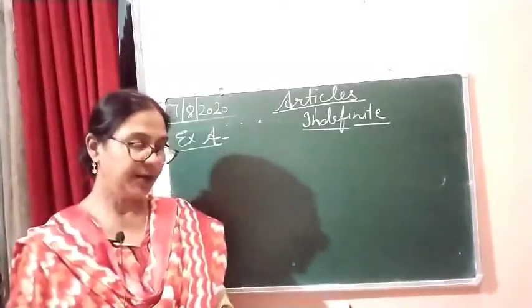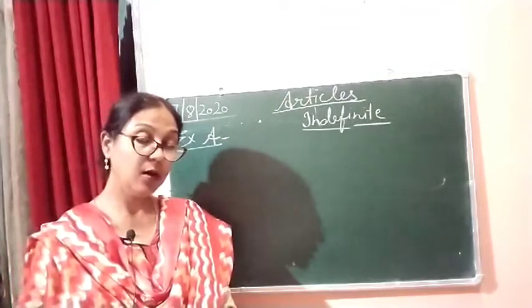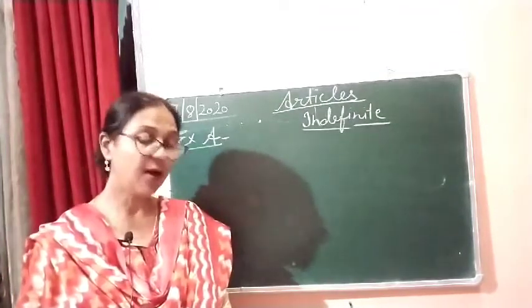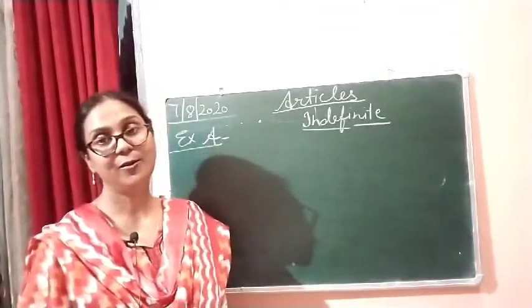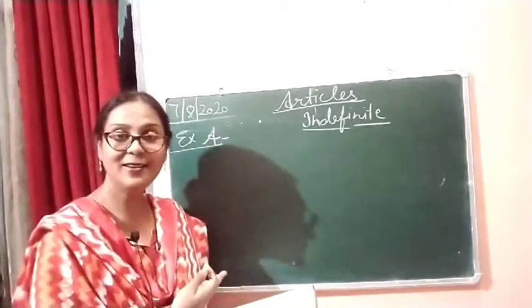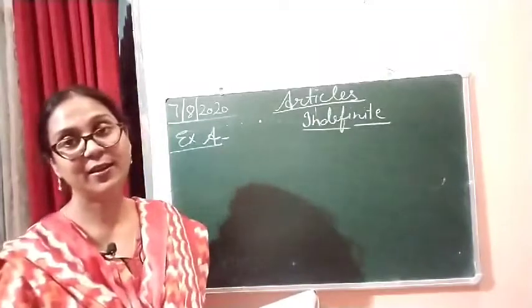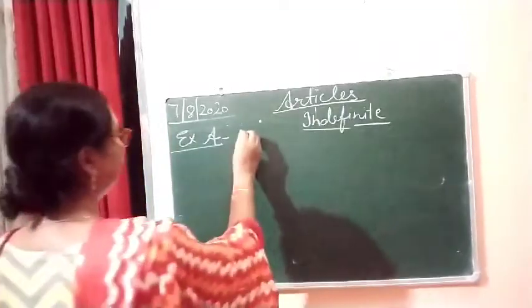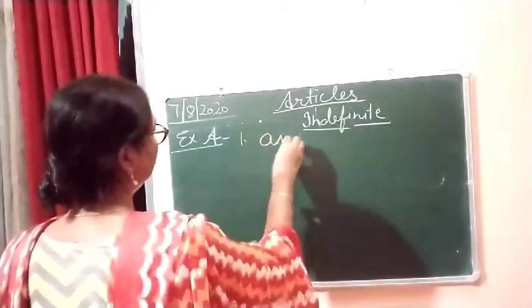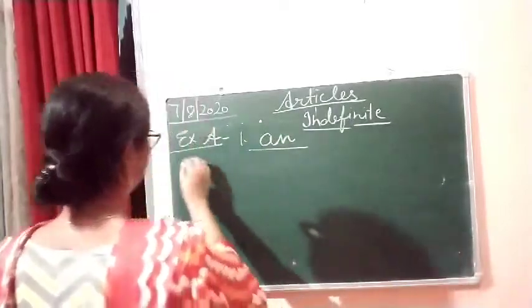First: he will return in a or an hour. We have learned about this recently, so what are we going to write here? "An". In the first, we tick "an hour".